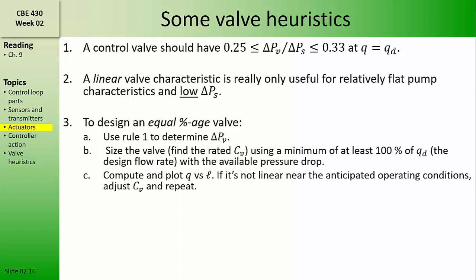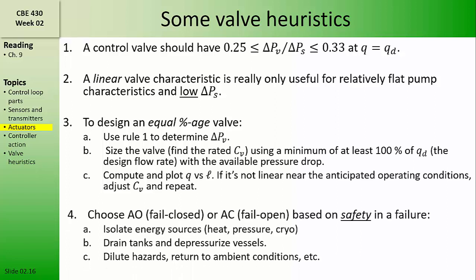And then compute and plot the flow rate versus the lift. If it's not linear near the anticipated operating conditions, then adjust the control valve size or choose a different value for R and repeat.